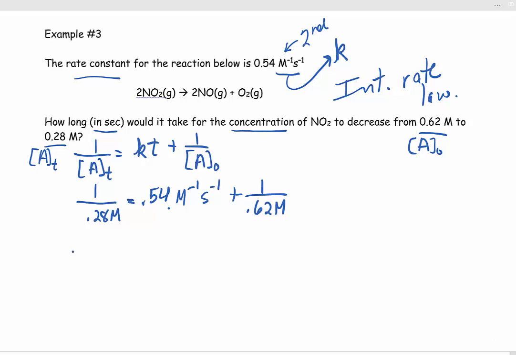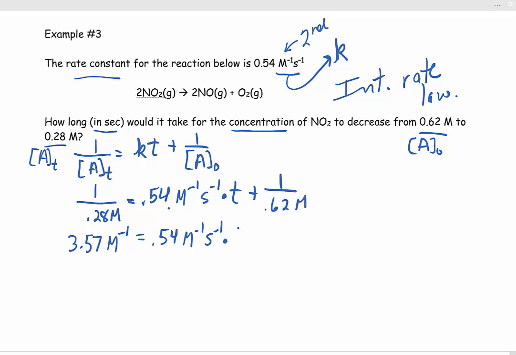So 1 divided by 0.28 is 3.57 molarity to the -1 times our time, plus 1 over A naught, 0.62. All right, so we have times time, so we have our variable in there, kind of important. And 1 divided by 0.62 is 1.61 molarity to the -1.